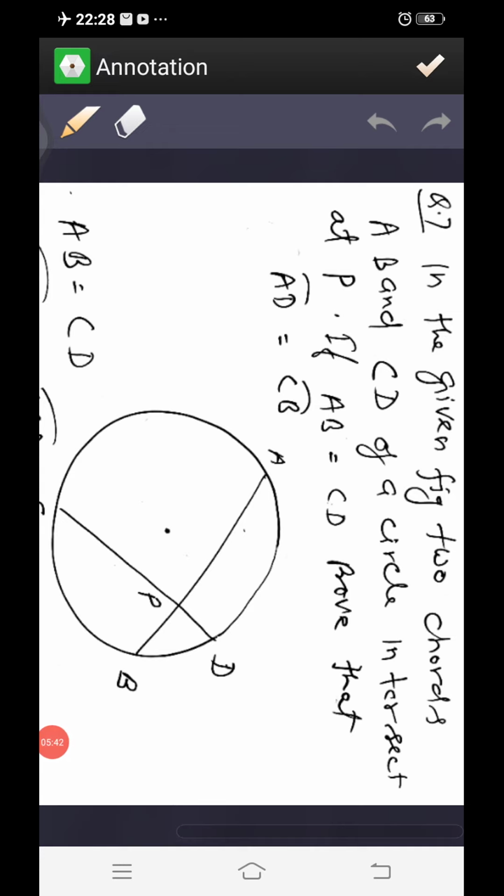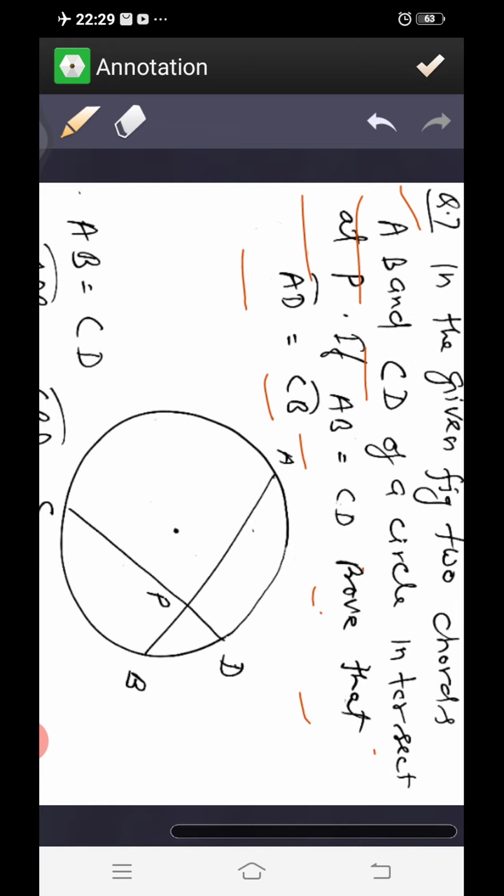Let us take question number 7. In the given figure, two chords AB and CD of a circle intersect at P. If AB equals CD, prove that arc AD equals arc CB.